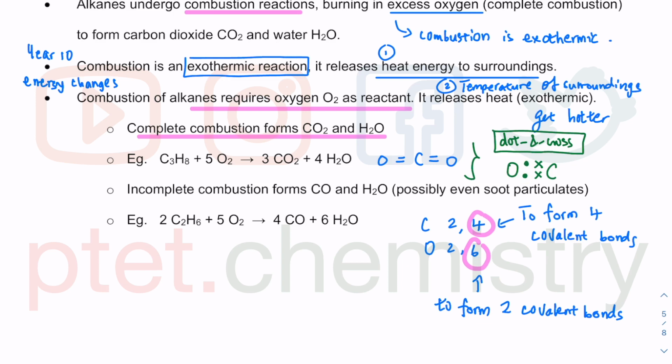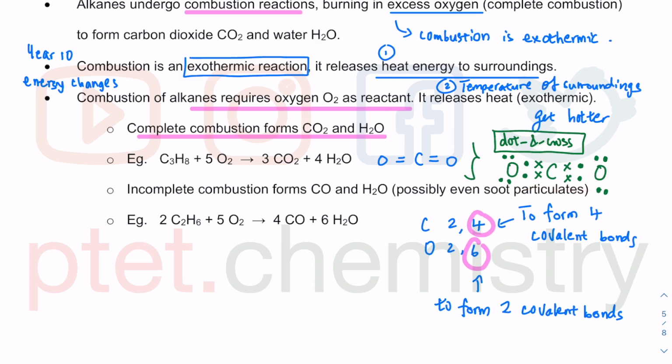If I use 2 out of 6, because we never use the inner shell, we only use the outer shell electrons for bonding, we still have 4 more on the oxygen. But then this carbon still forms another 2 covalent bonds to the oxygen, so another 2 crosses, another 2 dots from the oxygen, and therefore I have 4 more on this oxygen as well.